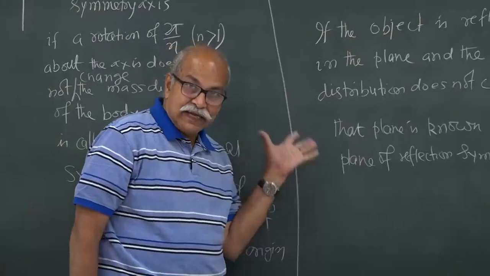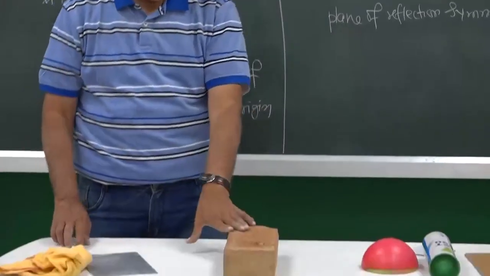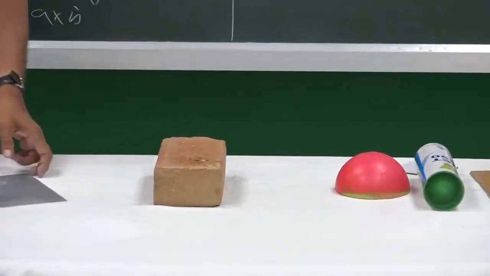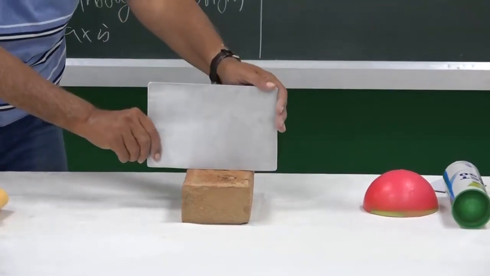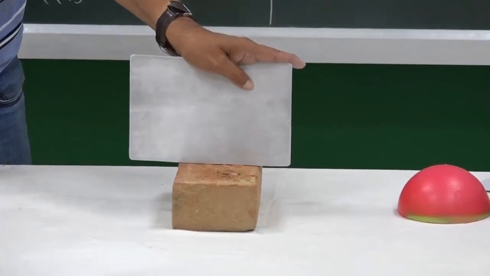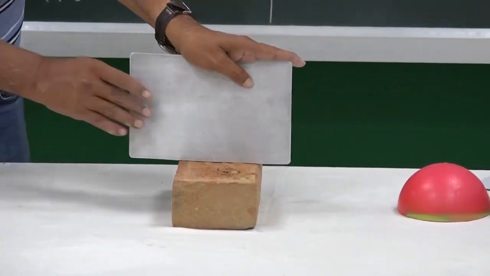Let us take examples and look at this brick here placed on the table, and let me take a plane. Suppose from the middle I am using this plane. What happens if I reflect this brick in this plane?